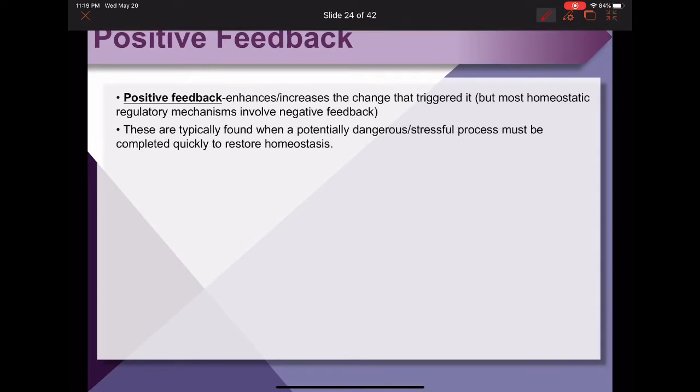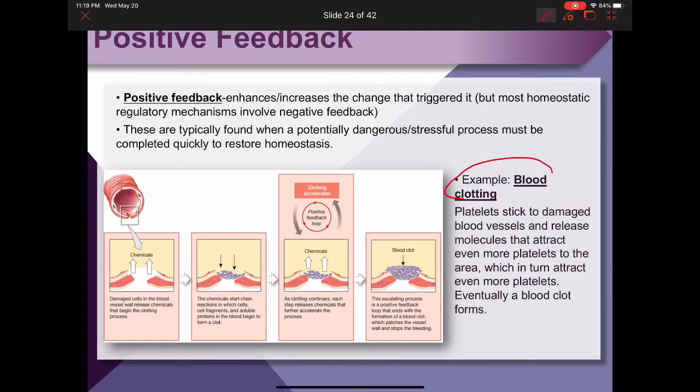So one good example of a positive feedback that we're relying on is blood clotting. Okay, so when an injury occurs and a blood vessel is cut, blood will rush out of the cut. It is a dangerous situation if we keep bleeding nonstop. So we need a positive feedback mechanism that will quickly enhance and close up the wound and the cut.